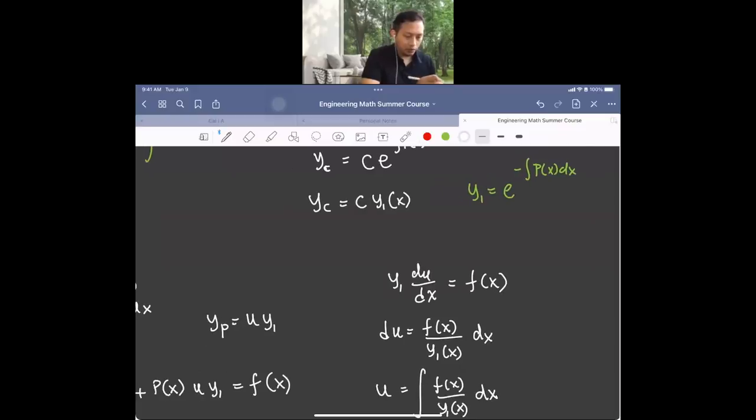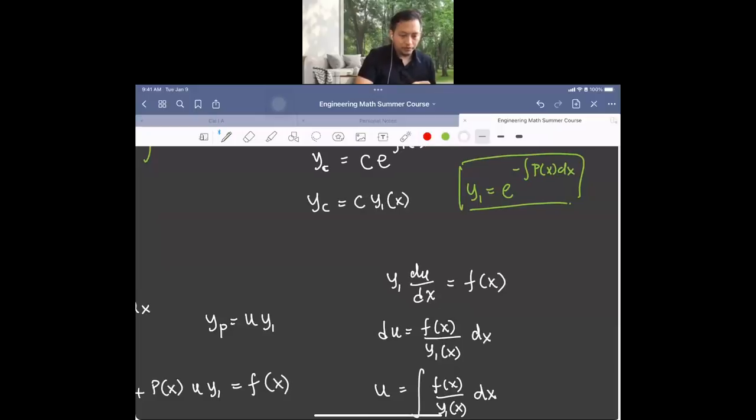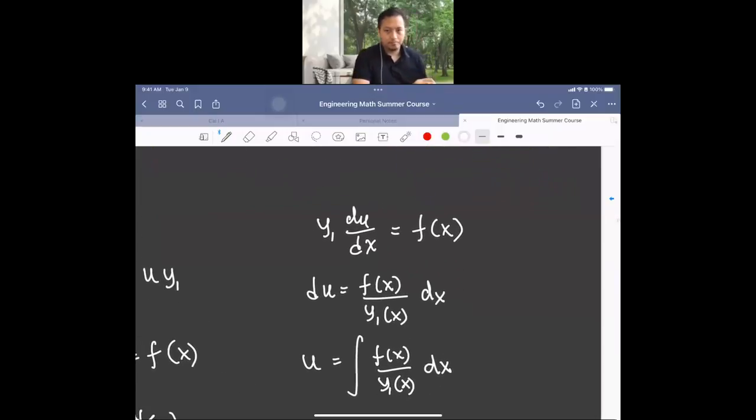Okay, now remember that y1 we defined in the previous one as e to the power of negative integral of p(x) dx.